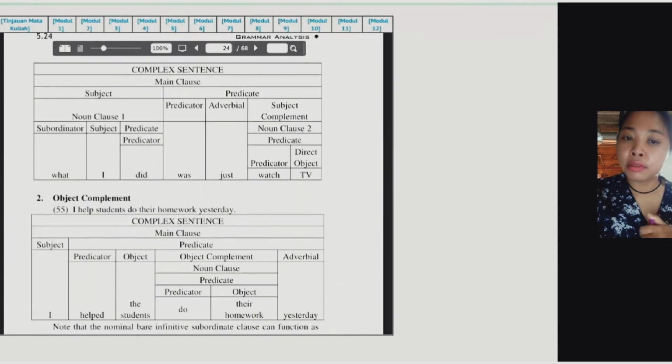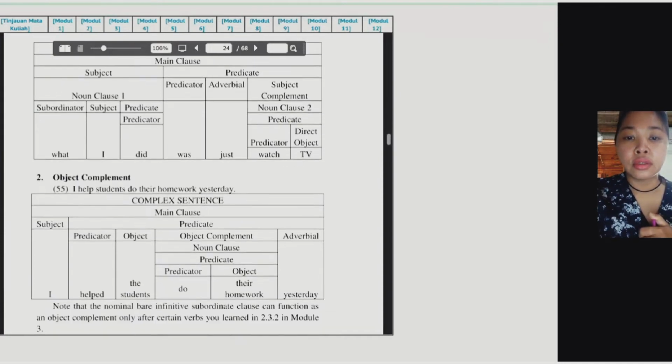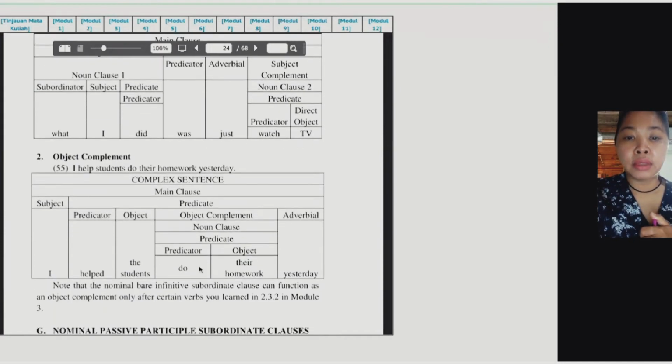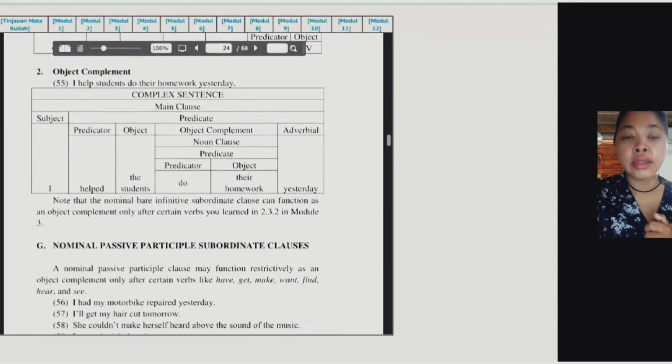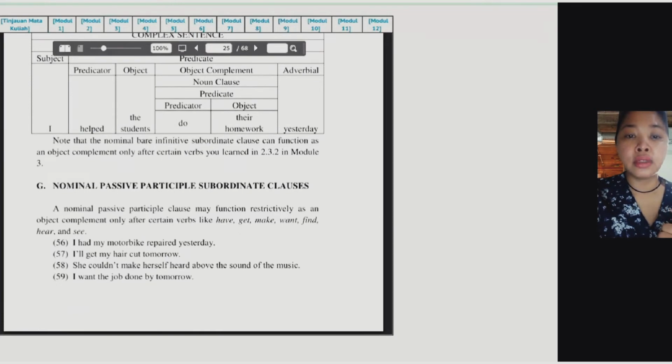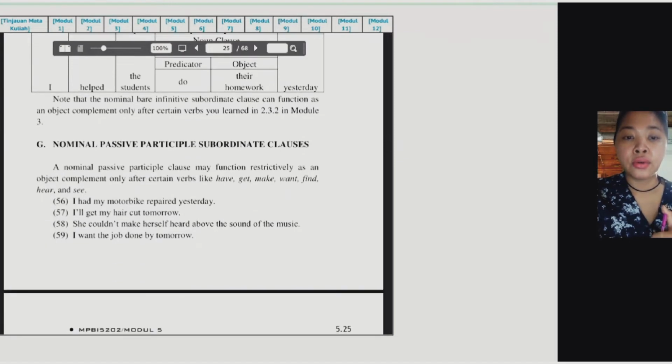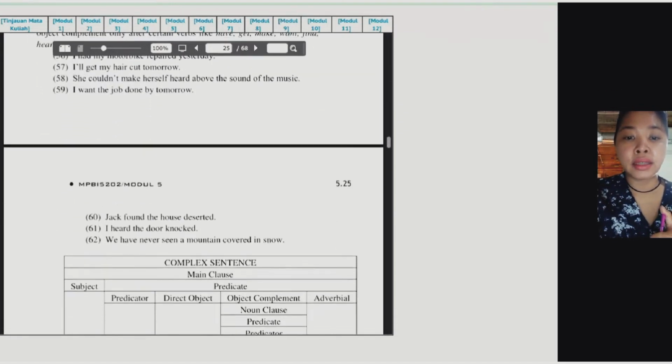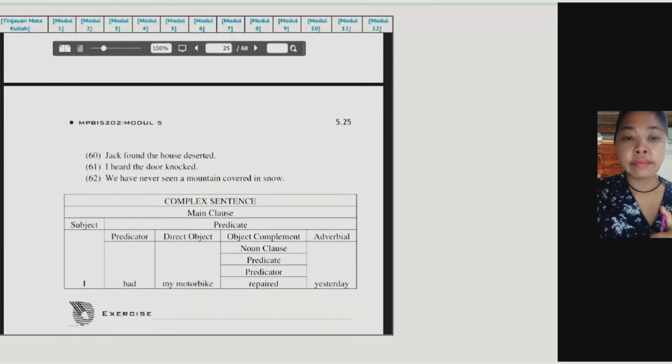And for the object complement, like I helped the student, and then the object complement, do their homework yesterday. And this is the last one, nominal passive participle subordinate clauses. If we see the pattern here, subject and then predicate.